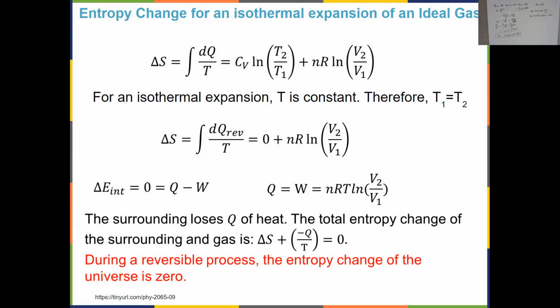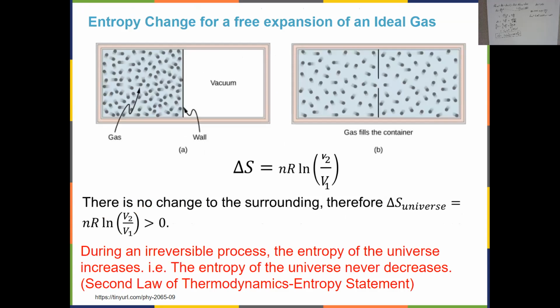You have to account for both the system of your interest plus the surrounding. You can't just pick one and forget the other. So they add up to be 0 for a quasi-static process, or greater than 0 for an irreversible process. For a reversible process, it's going to be 0. For an irreversible process, it's going to be greater than 0.